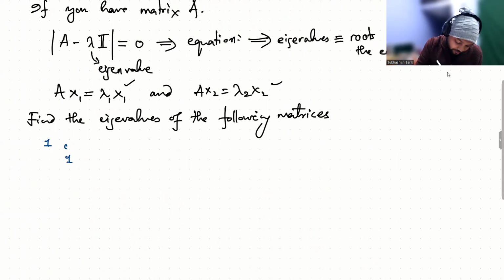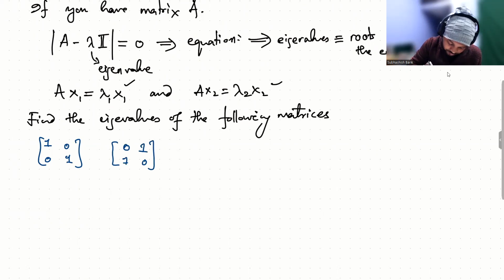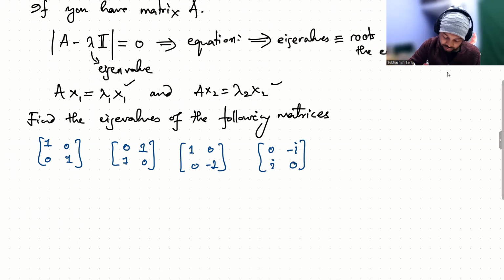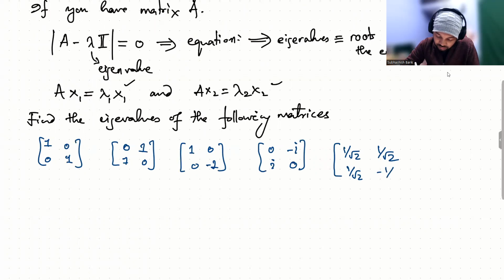And remember, all these matrices which I'm writing now are 2 cross 2, so they will have two eigenvectors and two eigenvalues. Then you can check 1, minus 1, 0, 0. Then you can check 0, minus i, where i is nothing but iota. And you can also check 1 by root 2, 1 by root 2, 1 by root 2, and minus 1 by root 2.